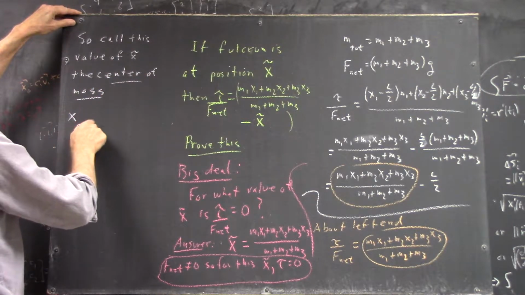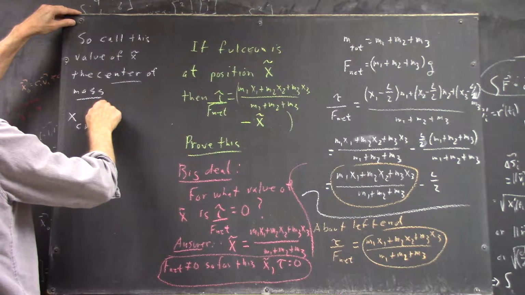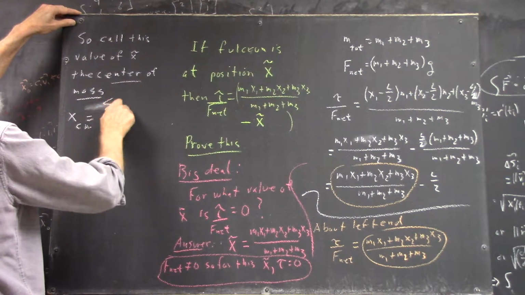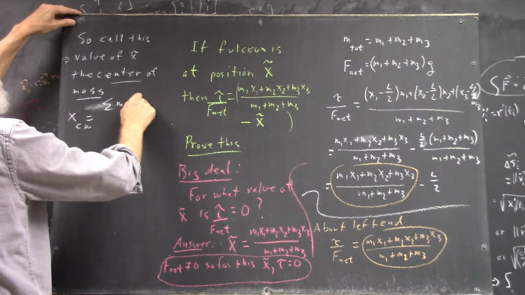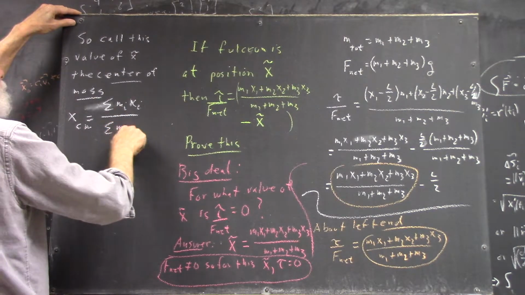And now we'll say x center of mass equals, and it's just generally sum of mi xi over the sum of mi.